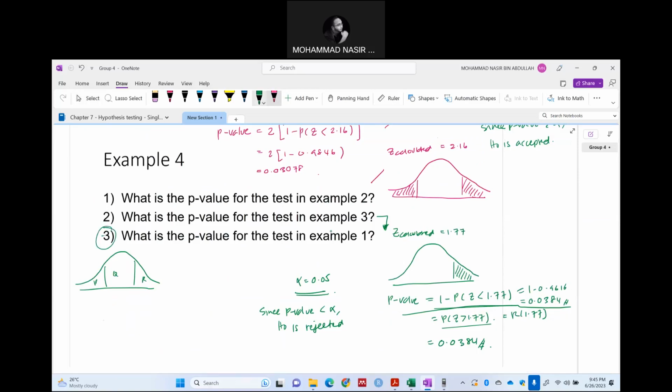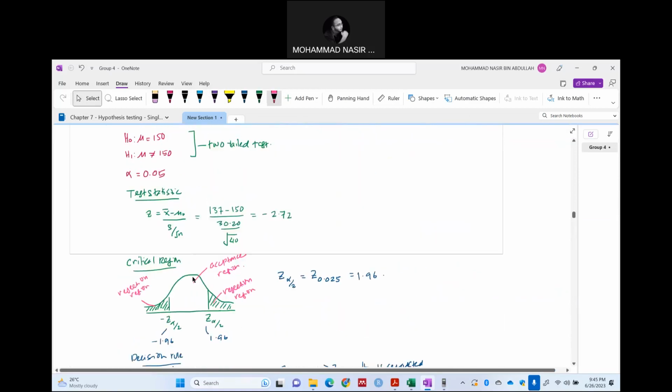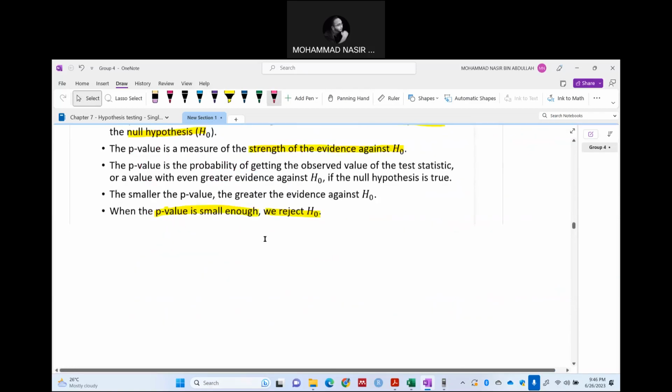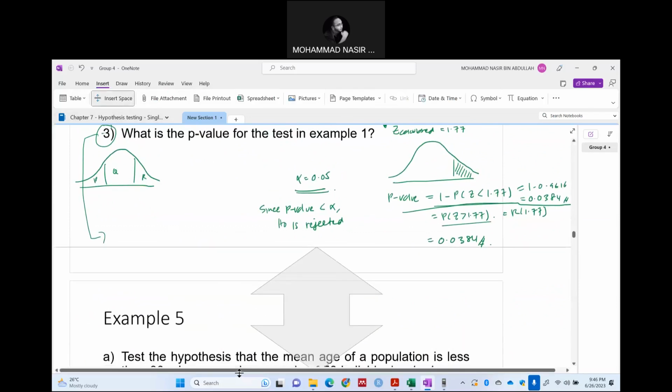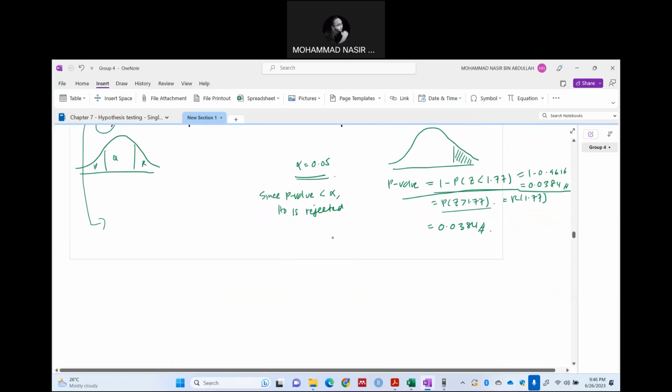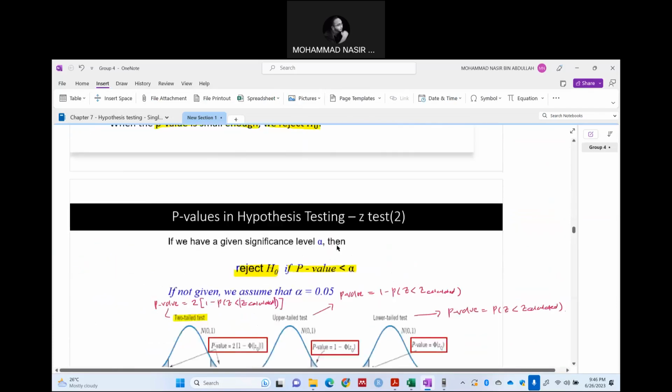So how about example number 1? Can you try example number 1? We have a two-tail test, alpha 0.05, and the test statistic is negative 2.72, right?